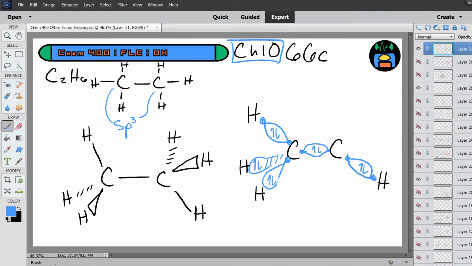Then the same over here. So that would be C2H6, and all these bonds are sigma bonds.